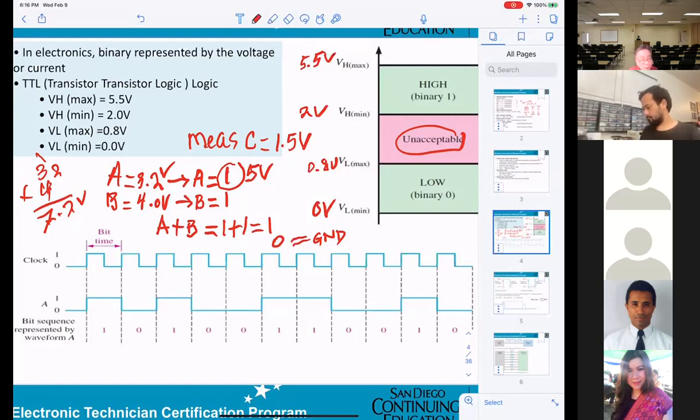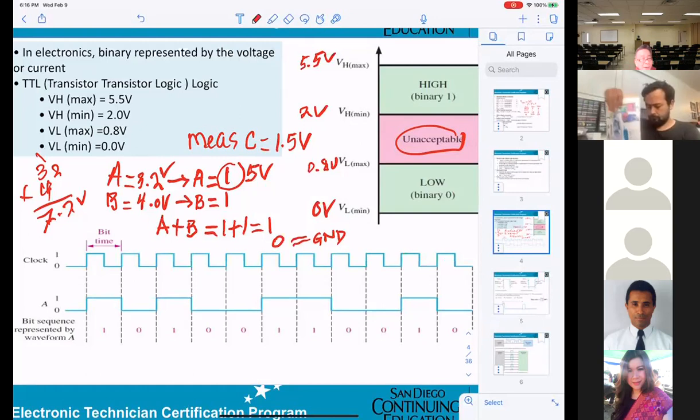So when you build your circuitry, test, and measure at a certain point and get 1.5 volt, guaranteed something is wrong, either wrong wiring or an IC not working or whatever. We don't have that kind of voltage.